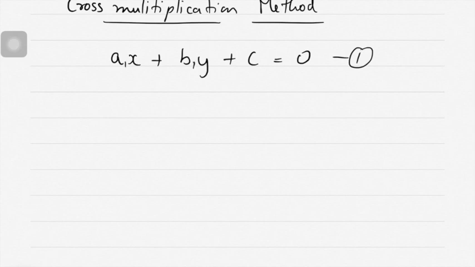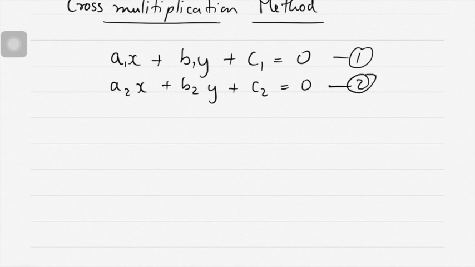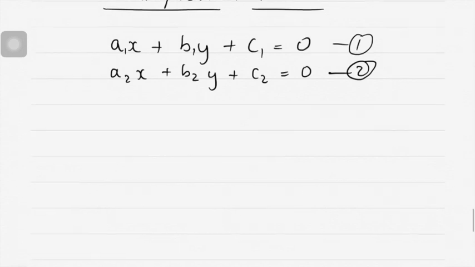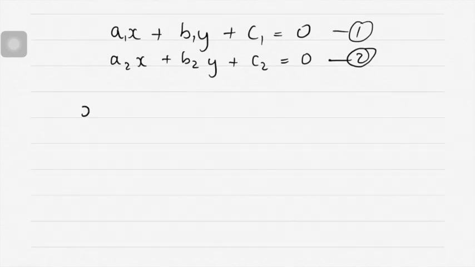There are two equations, so I will name them: this is my equation 1, a1x plus b1y plus c1 is equal to 0, and my second equation is a2x plus b2y plus c2 is equal to 0. This is my equation 2.